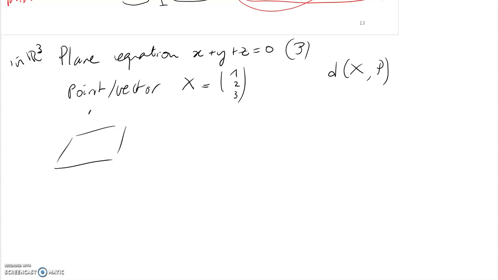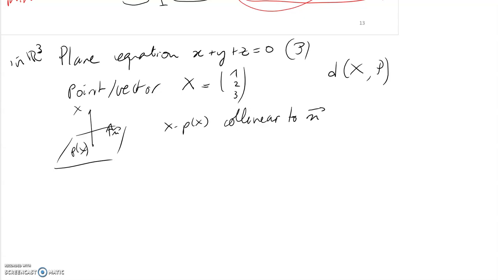One way to do that is to say that your point X has a projection, let's call that P of X, and this vector X minus P of X is collinear to the normal vector to the plane.